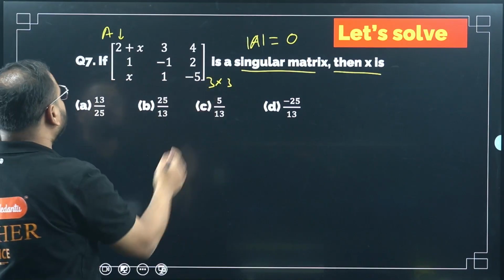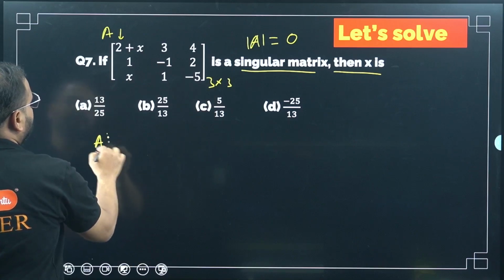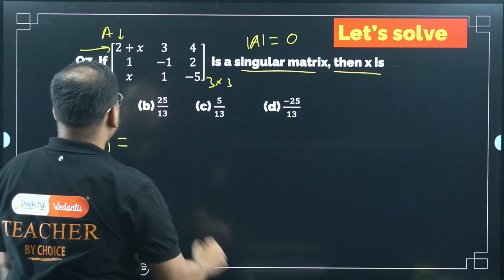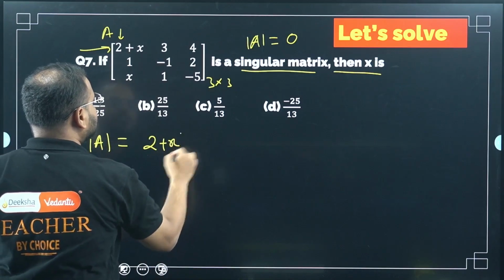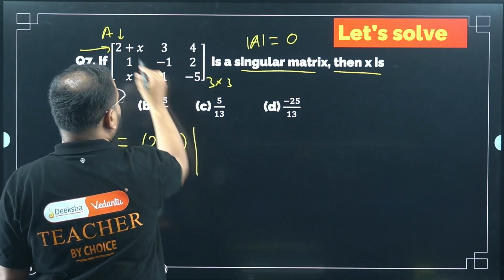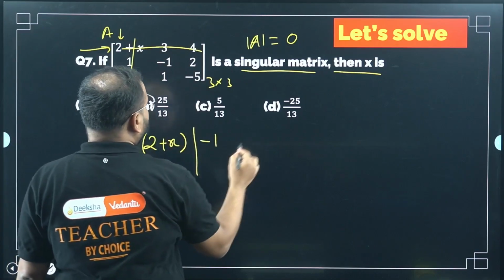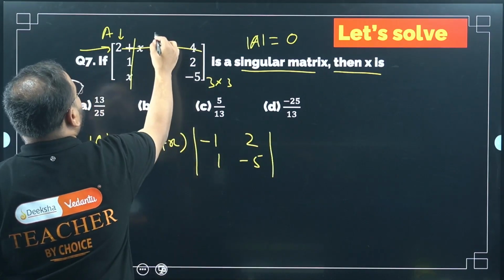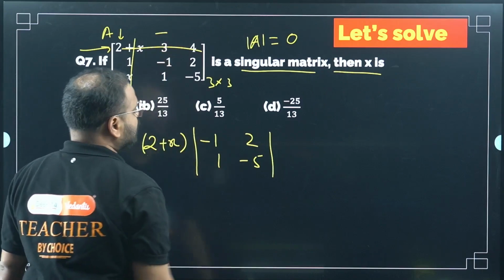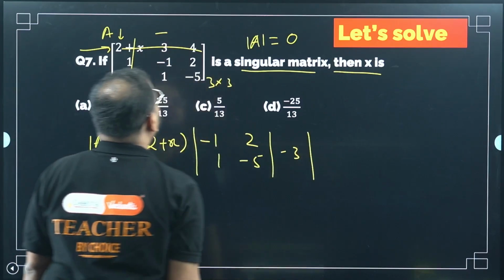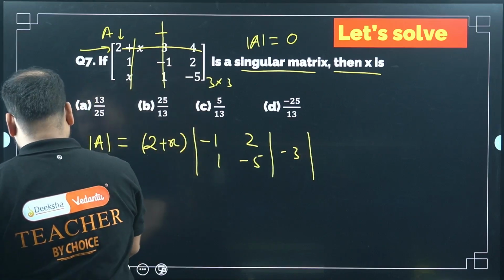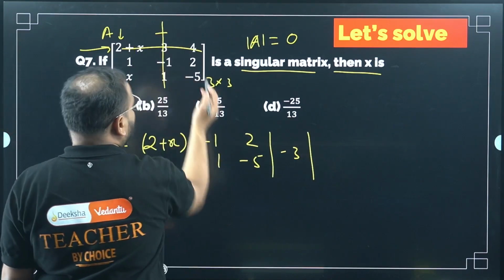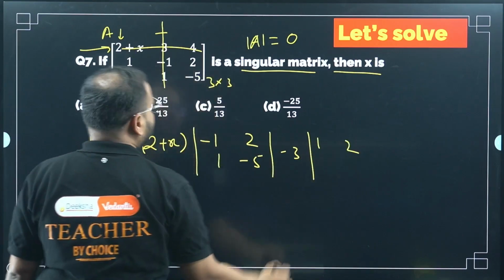Let's quickly find the determinant. If I do the expansion across the first row, this will be 2 plus x, positive, times the minor where I cancel this row and column: minus 1, 2, 1, minus 5. What about the second one? This will be negative because it is A12, so minus 3 times the minor where I cancel this row and column: 1, 2, x, minus 5.